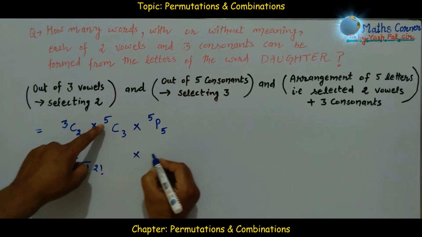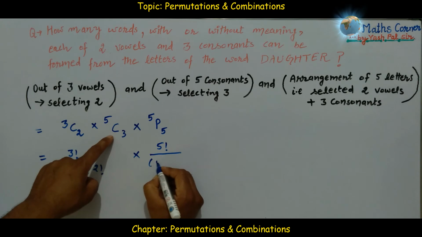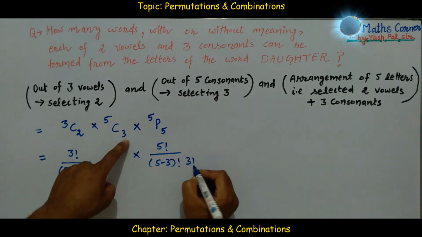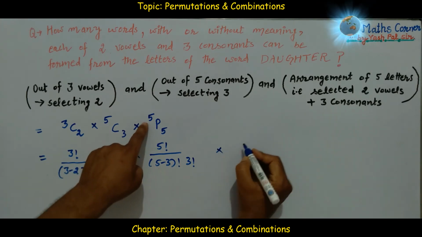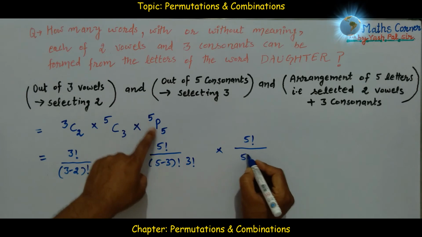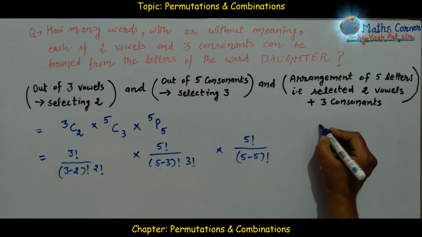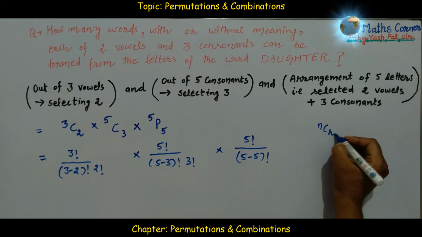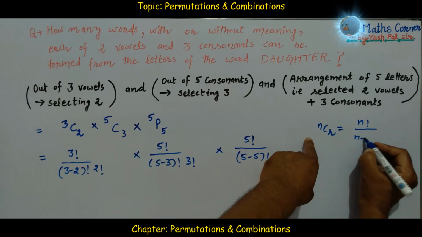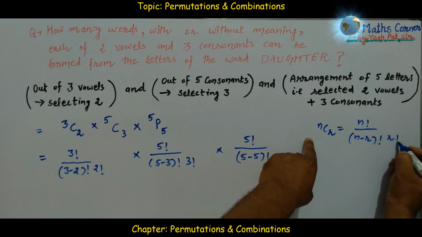Thereafter into 5 factorial divided by (5 minus 3) factorial into 3 factorial, into 5 factorial divided by (5 minus 5) factorial. Because we know the rule: nCr means n factorial divided by (n minus r) factorial into r factorial.